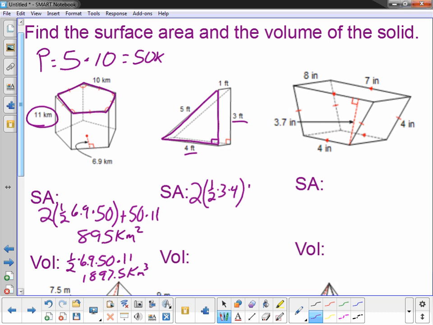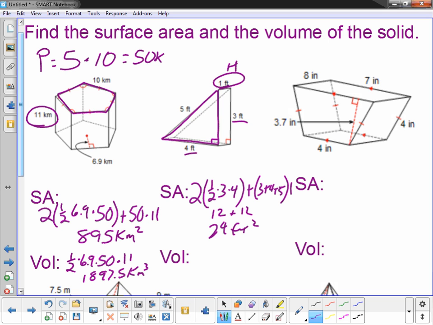And then I have to take the perimeter of the base, so I've got to add those 3 numbers up, 3 plus 4 plus 5, and multiply that by the height, or the distance between triangles. There's my height. I'll multiply that by 1. So 1/2 times 3 times 4 times 2 would get me a 12. And 3 plus 4 plus 5 is 12 times 1 is 12. So I get 24 square feet of surface area.